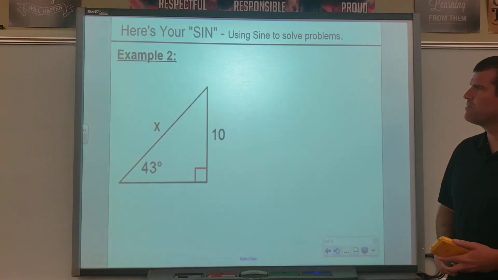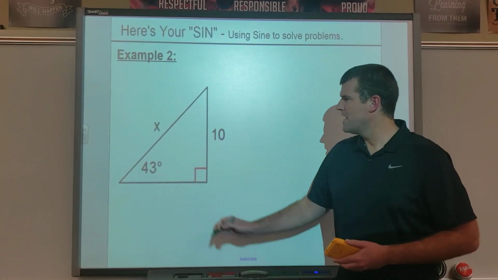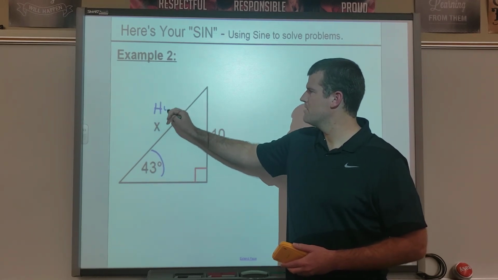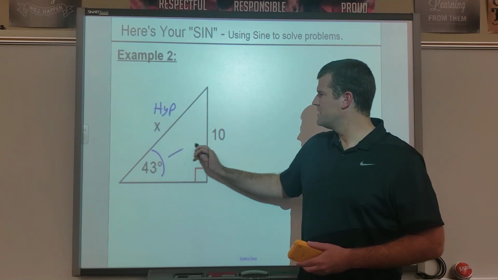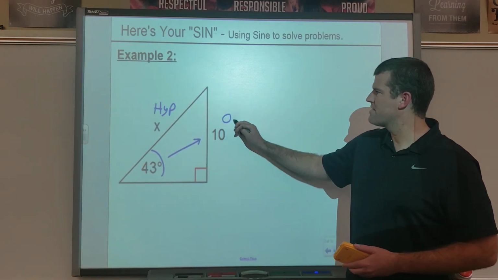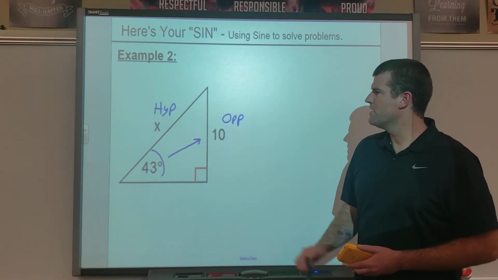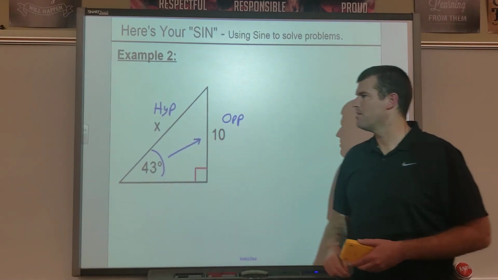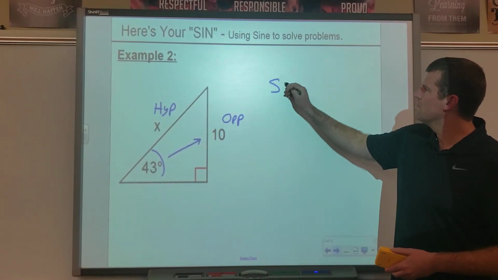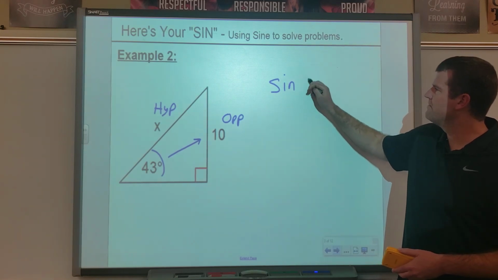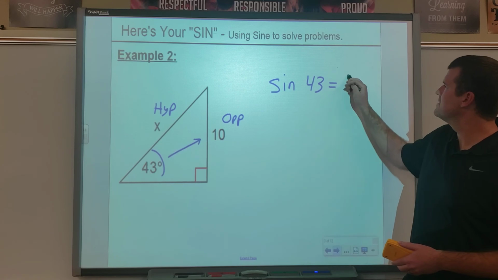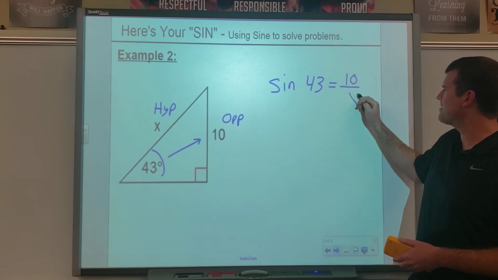Okay, similar problem. I'm going to identify that the angle I'm finding is the hypotenuse. I'm going to identify that the 10 is my opposite. And if we are using the opposite and the hypotenuse, we know it will be a sine problem. I'm going to set that up as sine of the angle, sine of 43, equals 10 over x.